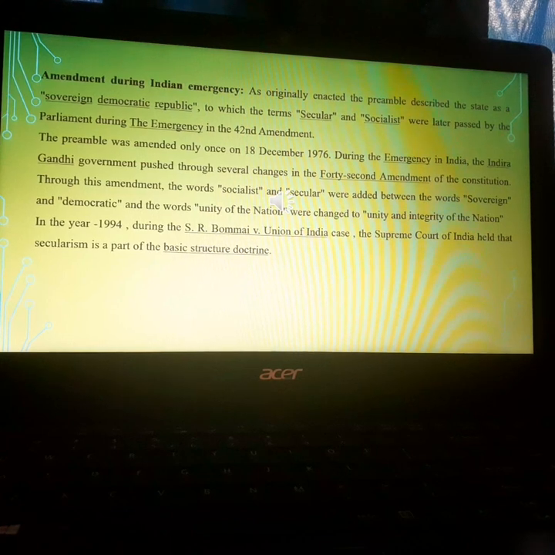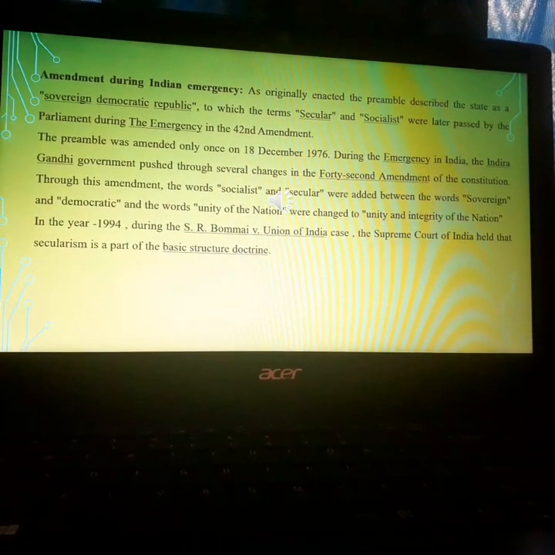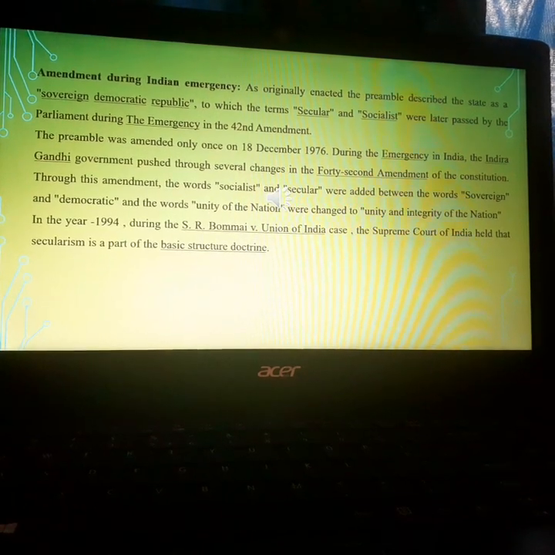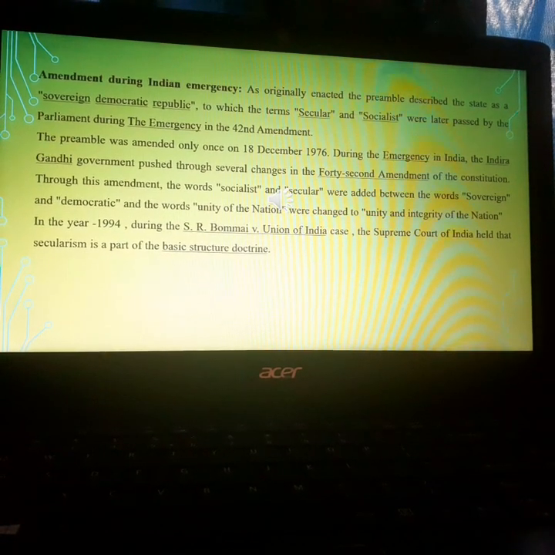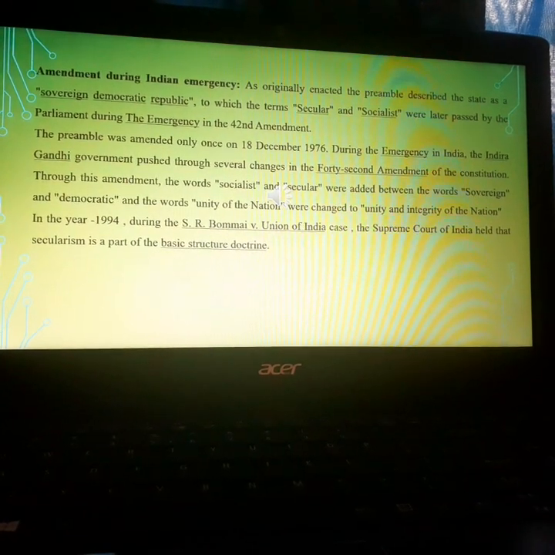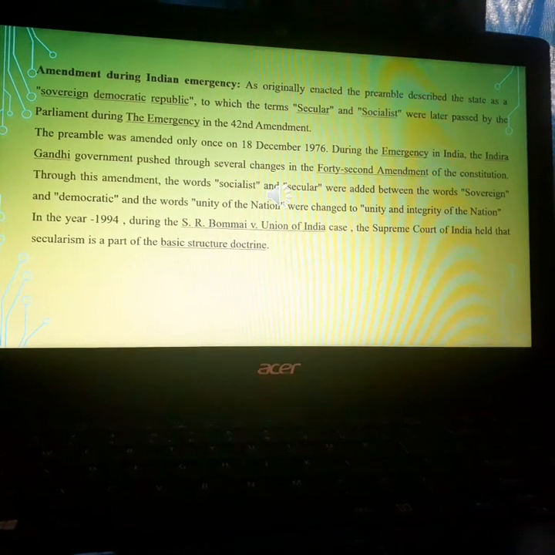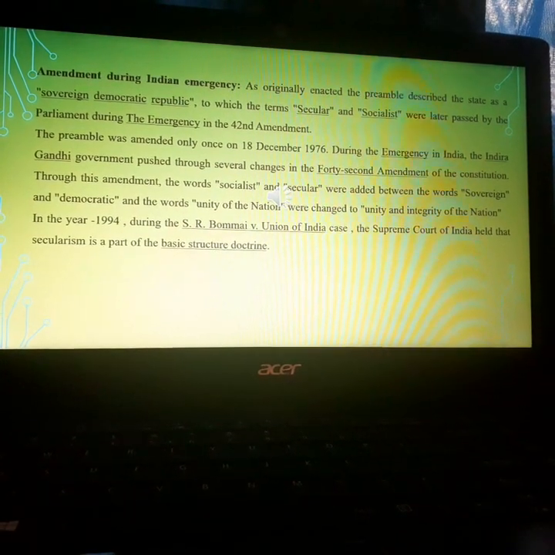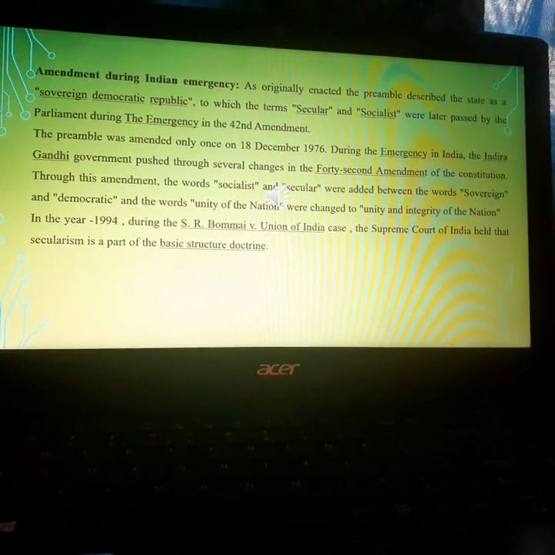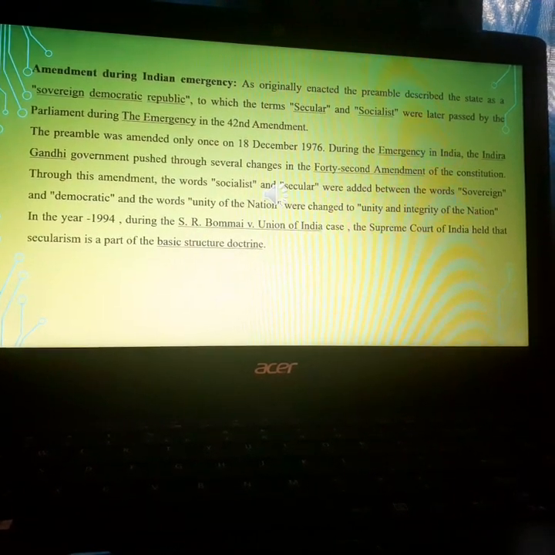During the emergency in India, the Indira Gandhi government pushed through several changes in the 42nd Amendment of the Constitution. Through this amendment, the words socialist and secular were added between the words sovereign and democratic, and the words unity of the nation were changed to unity and integrity of the nation.